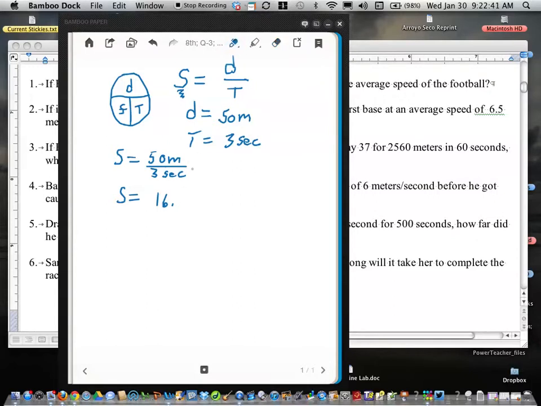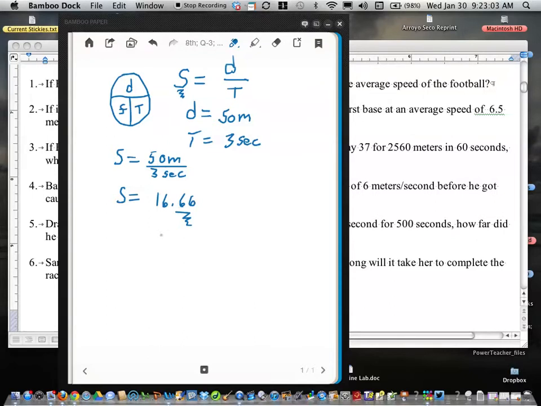Okay, so now here is a problem. The calculator said it was 16.66, but that 0.66 is more accurate or more detailed than any one of my numbers. I only have numbers to the whole decimal point to the tens. So I cannot say 0.6.